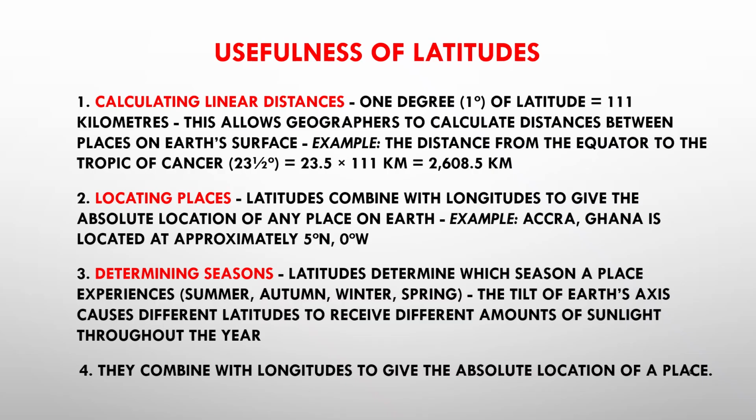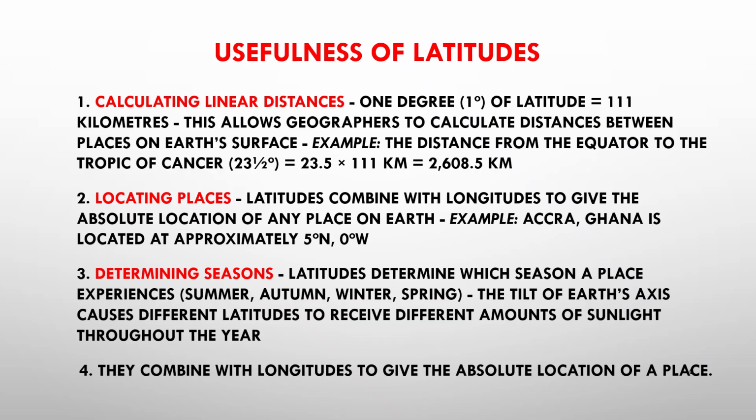The distance from the equator to the Tropic of Cancer is 23.5 degrees. Okay, so if we multiply 23.5 degrees by 111 kilometers per degree, we get 23.5 times 111, and that will give you 2608.5 kilometers.